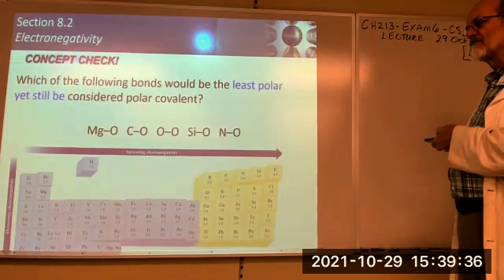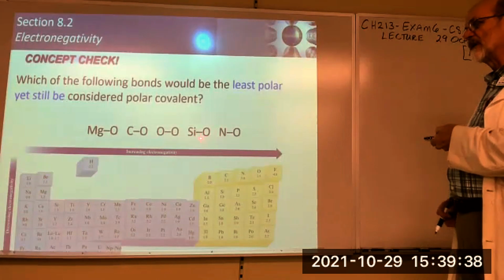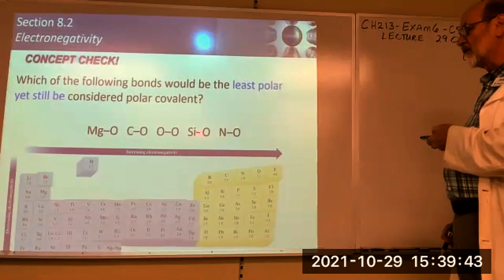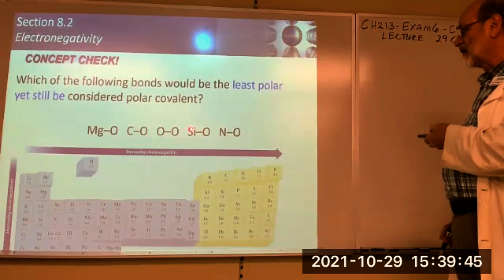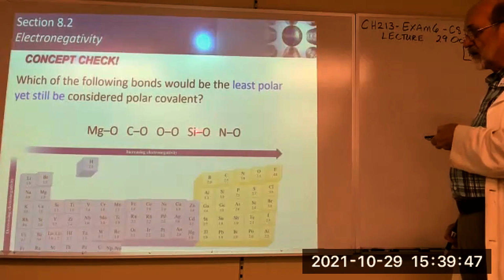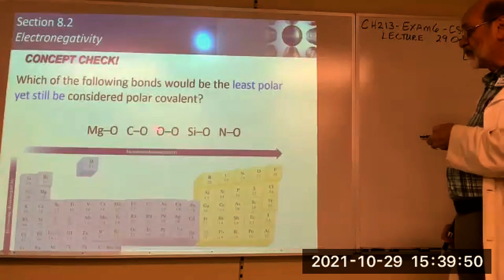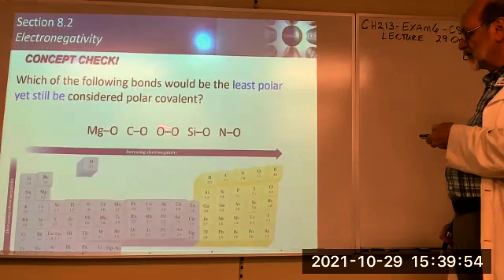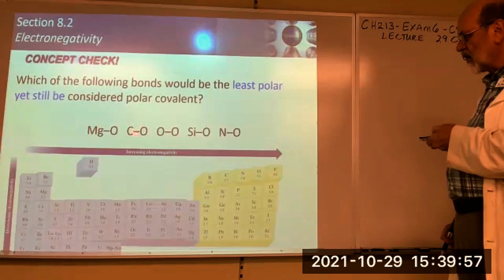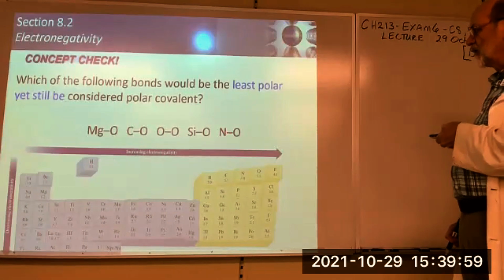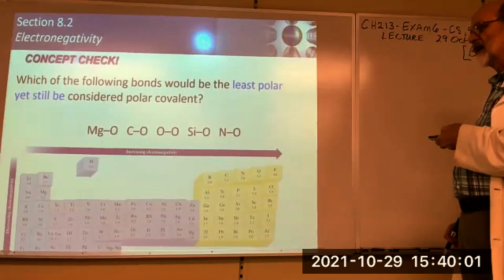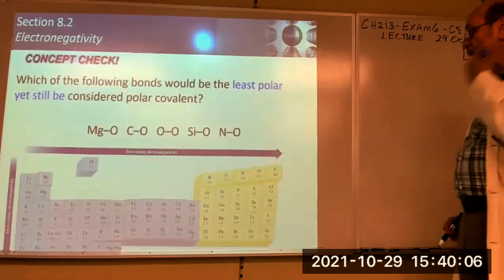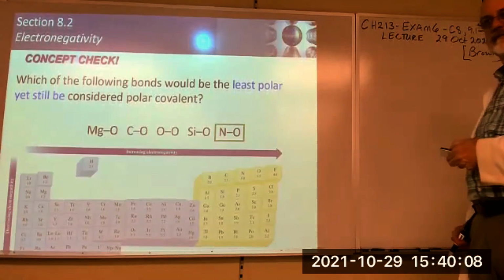Silicon and oxygen, they're close enough to be covalent, but they're far enough apart that this is probably the most polar. This one's not polar at all because they're the same atom, so we throw that one out too. So it's a race between carbon-oxygen and nitrogen-oxygen. The least polar would be those that are closest together. Nitrogen and oxygen is closest together, so that would be the least polar.